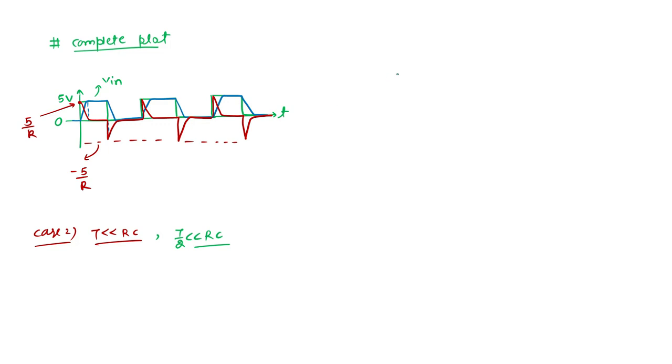So what will happen exactly? The settling time is very much greater than this time. 4 RC or 5 RC is very much greater than this T by 2. First I should draw the circuit here. So this RC, 0 to T by 2, 5 volt, V out.